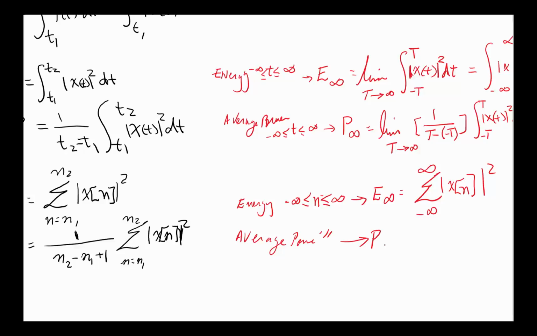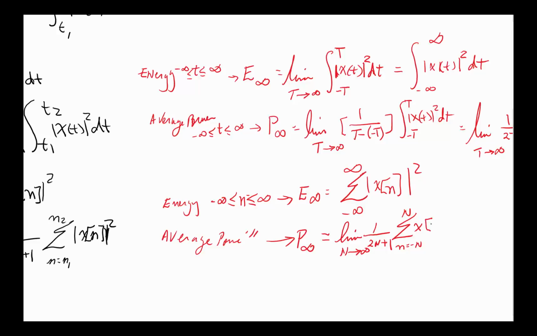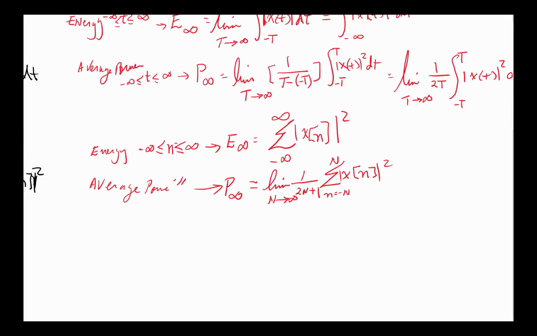So P infinity in this case is the limit as N goes to infinity of 1 over 2N plus 1 times the summation of n going from minus N to N of the magnitude of x of n squared.